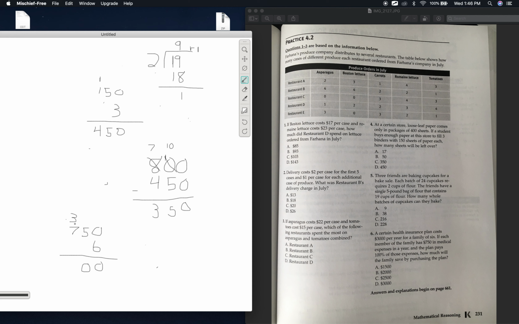Plus 3 is 45. So if they didn't have insurance and all 6 of them paid $750, that would cost them $4,500.